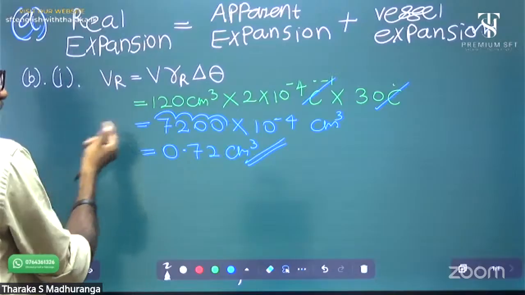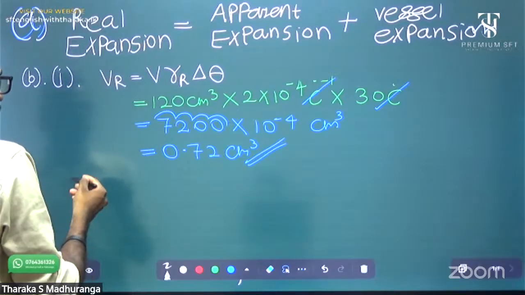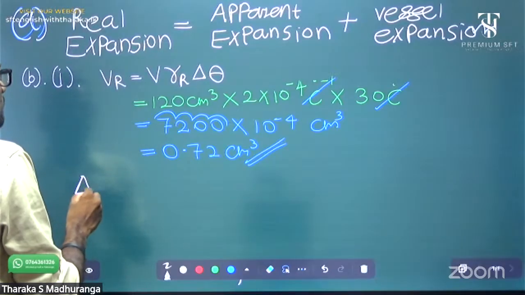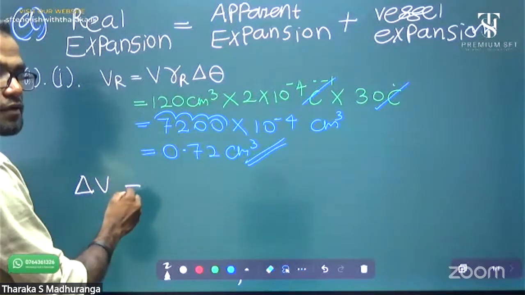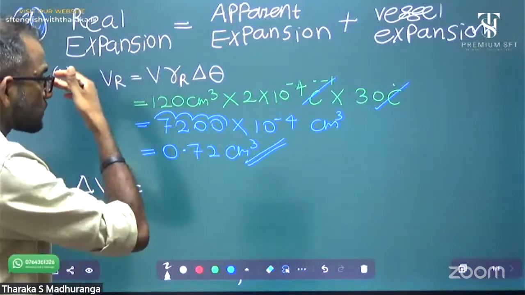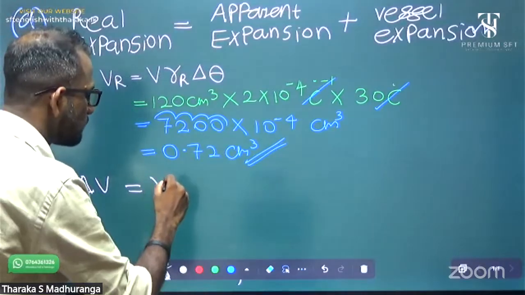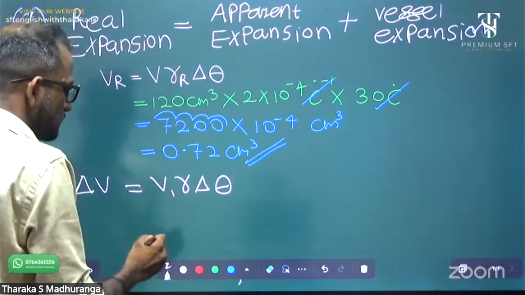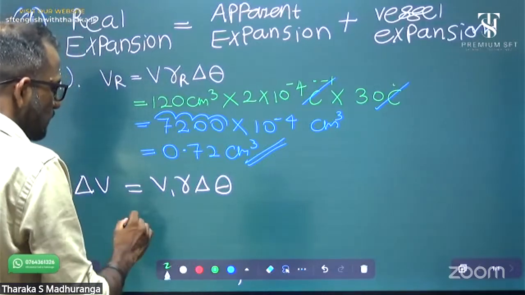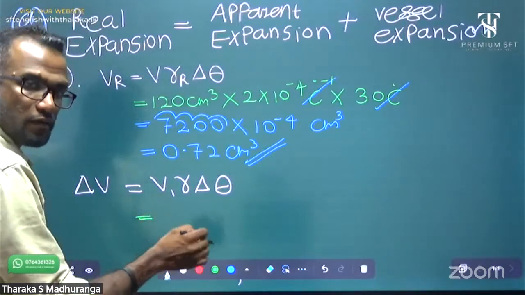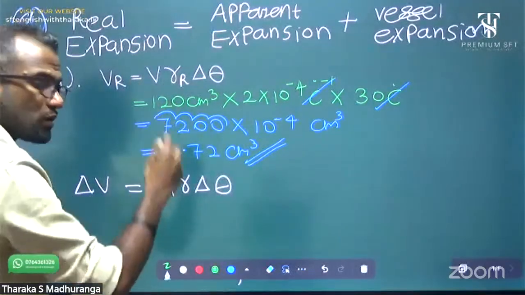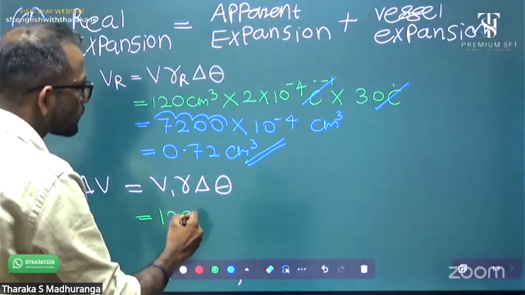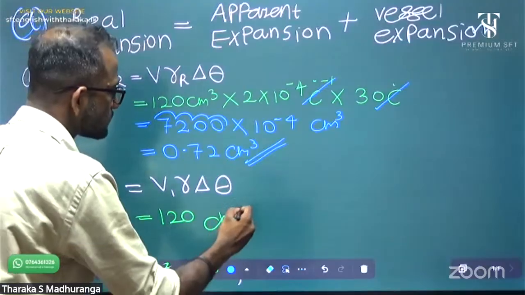Container volume expansion, delta V equal V1 gamma delta theta. Okay, V1, what is the volume? It is equal to the liquid volume because the liquid completely fills the container.